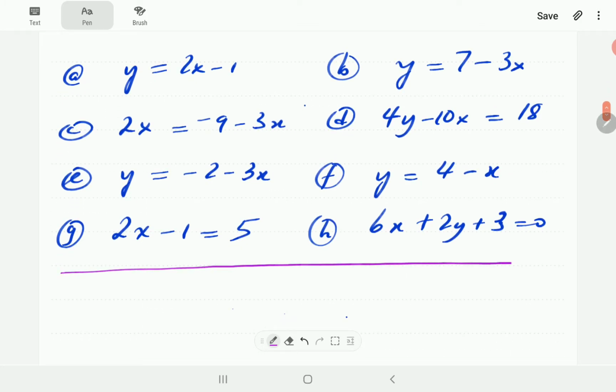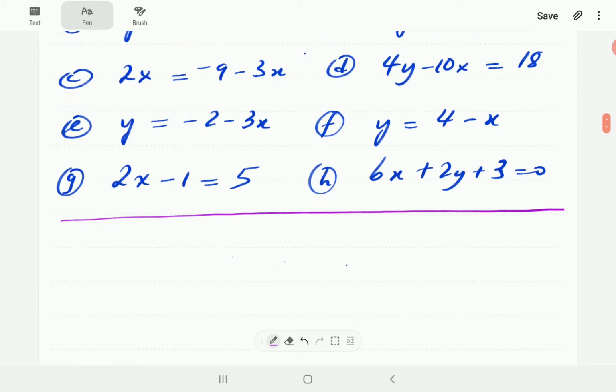Number A, before we work through these, we just need to mention that the gradient and the y-intercept can only be deduced from the standard form of the equation of the straight line.